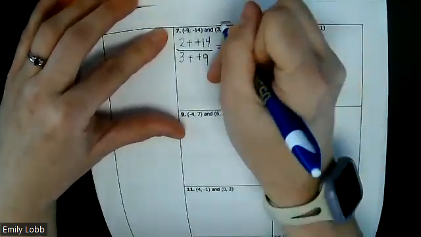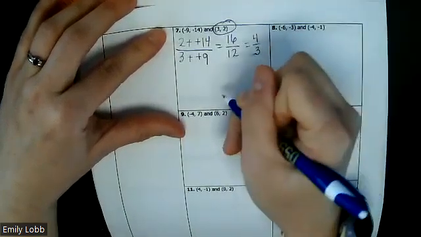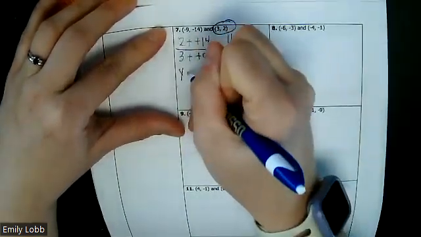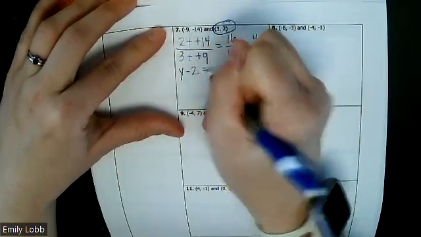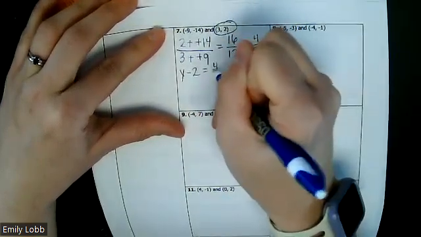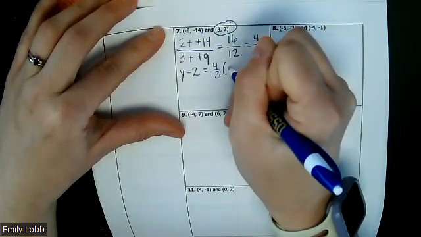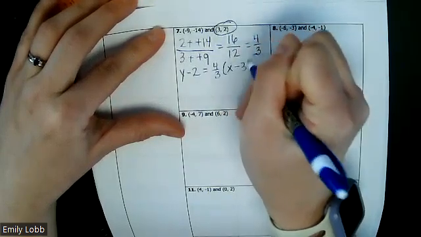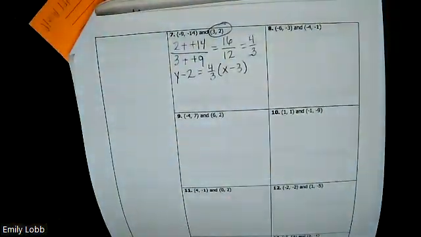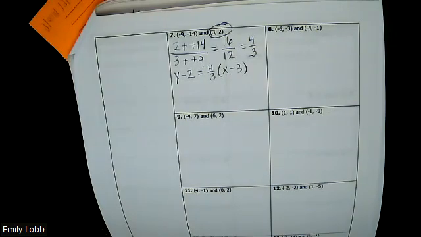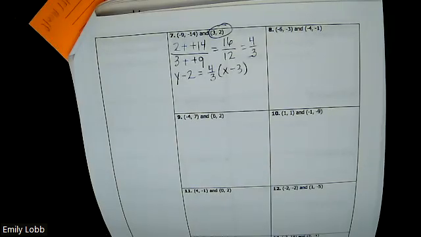And then I'm just going to pick one of these, whichever looks nicer. So y minus 2 is equal to 4/3 times x minus 3. So this is the way you can leave it if it asks you for a linear equation or point slope form. If it asks you for slope intercept form, you do need to solve for y, okay?